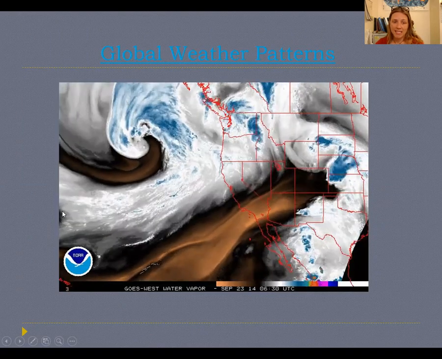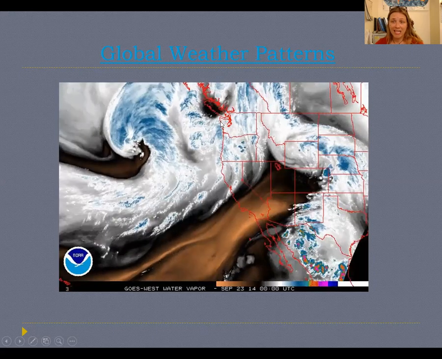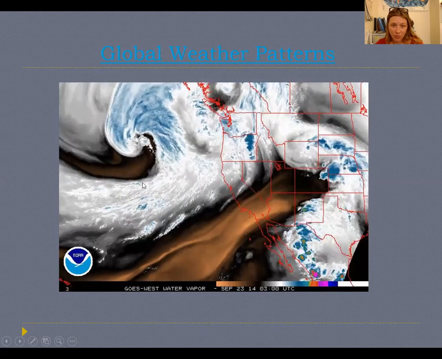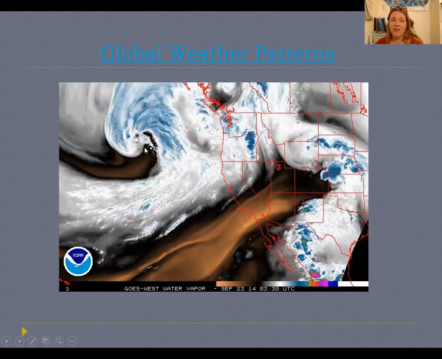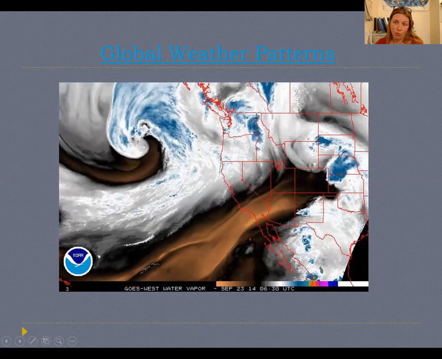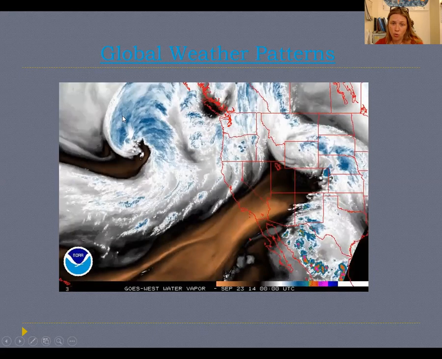So air is coming from the west towards the east, coming this direction. The westerly winds, they're being pulled in by the low pressure zones. When there's extreme low pressure zones, that will suck air in and it will pull to the right in the northern hemisphere to create these counterclockwise storms.